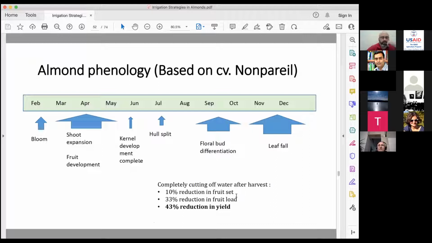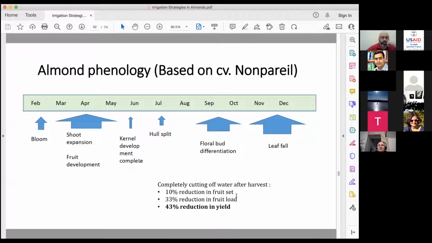In California, there are scenarios where we don't have enough water by the time we harvest. So some of the growers had to cut back or completely cut water after harvest. They did not apply any water after harvesting.